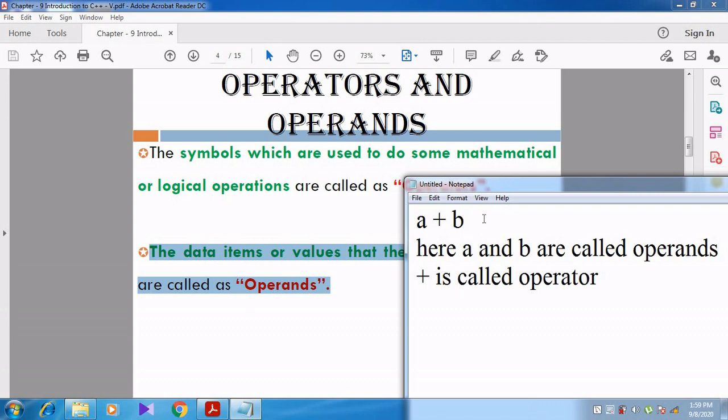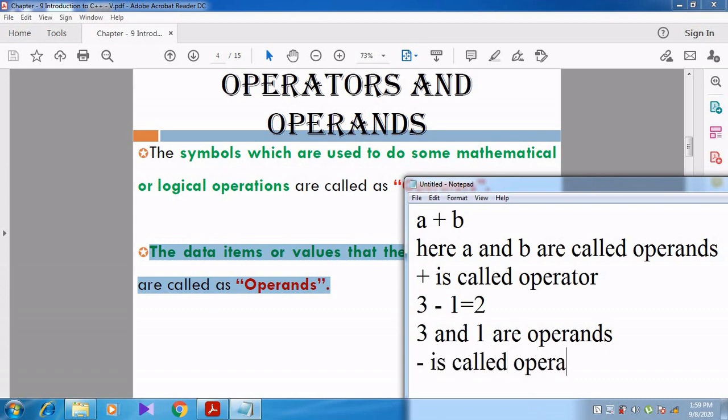Let us take another example. If I take 3 minus 1, what do you say? The result is 3 minus 1 is equal to 2. Here 3 and 1 are called operands, whereas minus is called the operator.